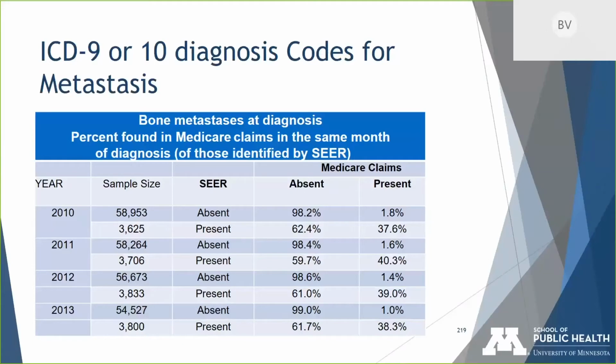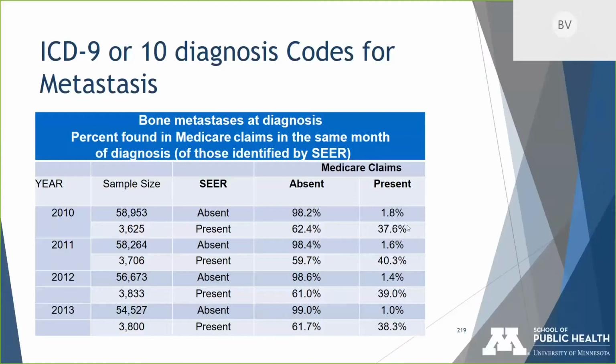Now, as I mentioned, there are ICD-9 or 10 codes that are indicative of metastases. The question is how evenly they are coded. We do have information for people who are metastatic when they are first diagnosed. We have information in the SEER about that. And then we can look in the Medicare claims data to see how often we actually observe the diagnosis code being billed.